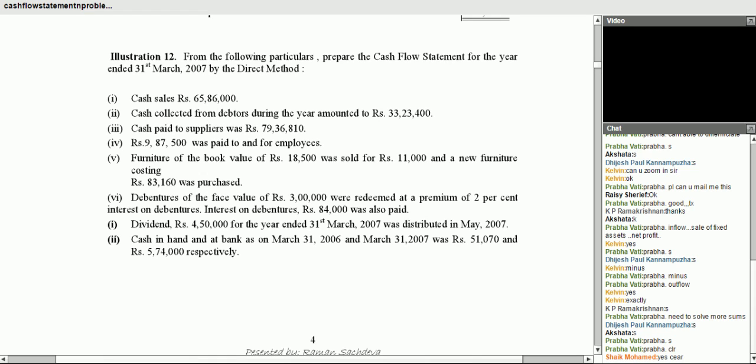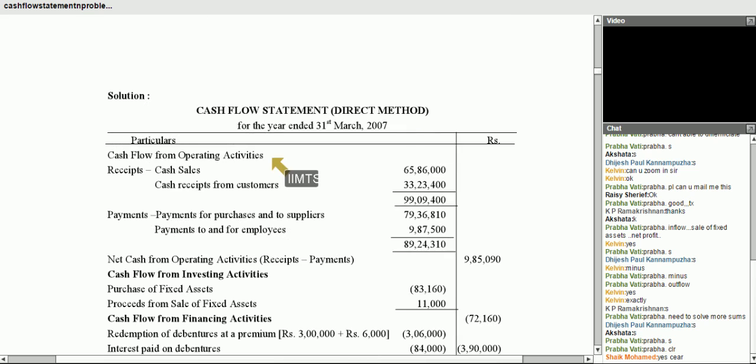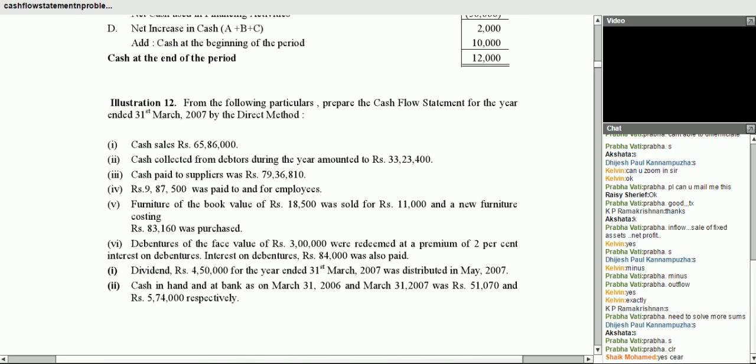So both these things will come in cash flow from operating activities, and we will add them up. So it will come out to be 99,09,400. And the payments which were made, payment for purchase and to suppliers and payment to and for employees, 79,36,000 and 9,87,500. You can see this 79 lakh and 9,87,000. We will add them up.